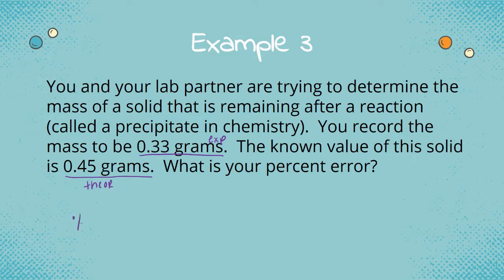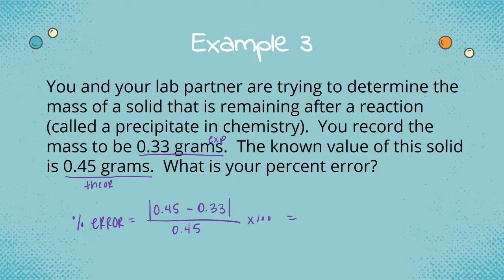So now that I have them labeled, I can go ahead and plug them into the equation. So the theoretical, 0.45 minus the experimental, 0.33, absolute value, divided by theoretical, times 100.